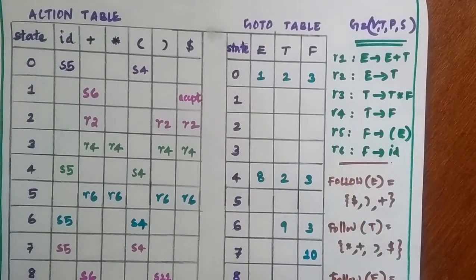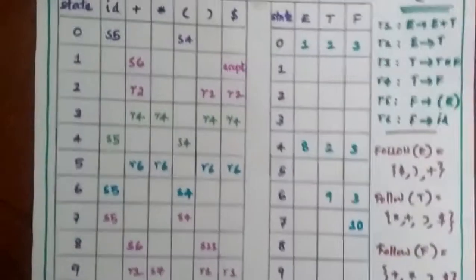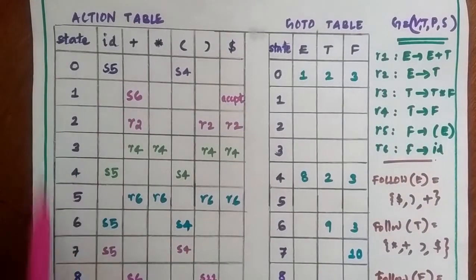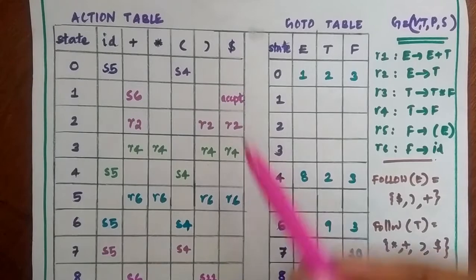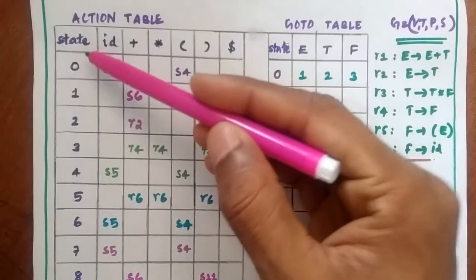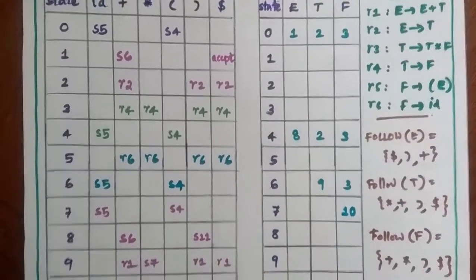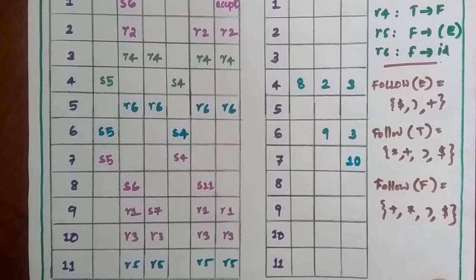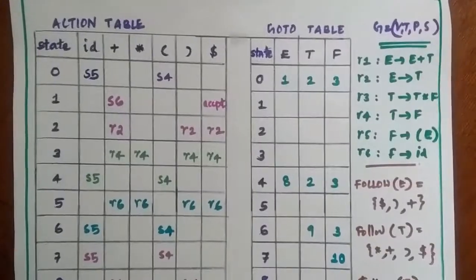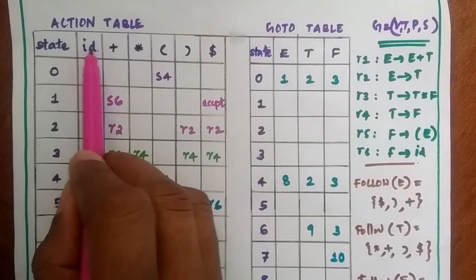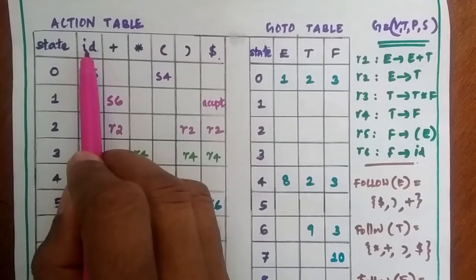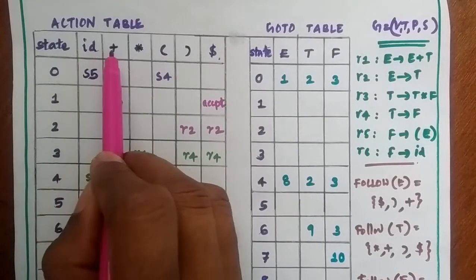6 production rules. Then look here, on the left side I have drawn a table that is called the action table, where all rows are identified by 12 states. All columns are identified by terminal symbols plus dollar. So here the terminal symbols are ID, plus, star, left bracket and right bracket.